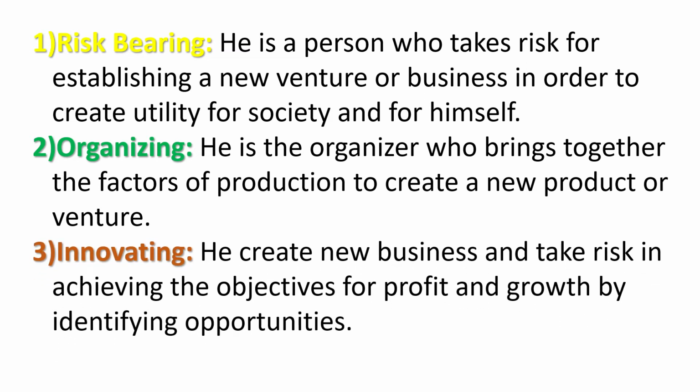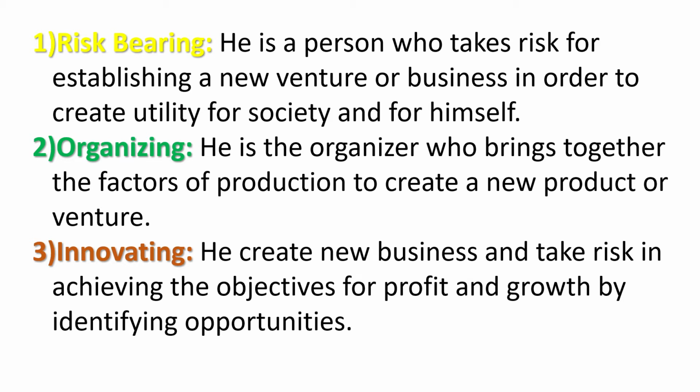Third is innovating. He creates a new business and takes risk in achieving the objectives of profit and growth by identifying opportunities. In the last session, we saw the difference between a businessman and an entrepreneur: a businessman is a market player, whereas an entrepreneur is a market leader. So how does he become a market leader?